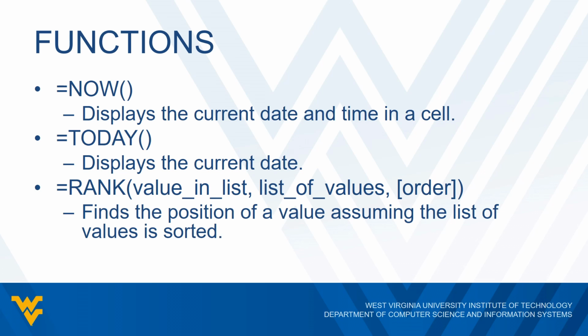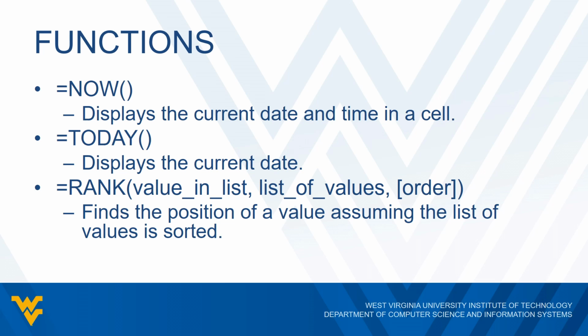So the way this works is we're going to find the position of a value assuming the list of values is sorted. Okay, so the first argument is some value that's in some set of values that we're concerned with, so some list. And then the second argument is going to be an actual range of values. So maybe it's a column, maybe it's a row, but it is some cell range that contains a list of values.